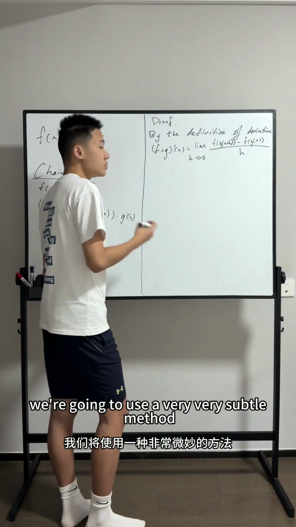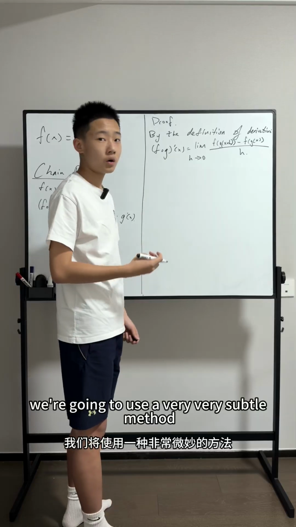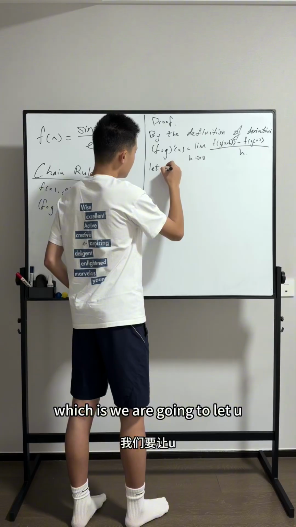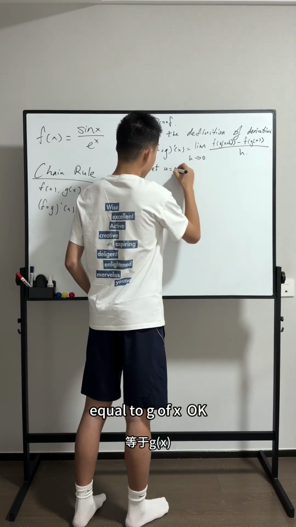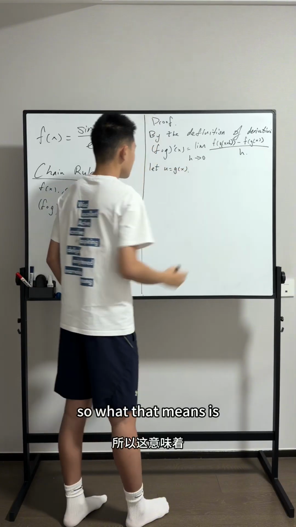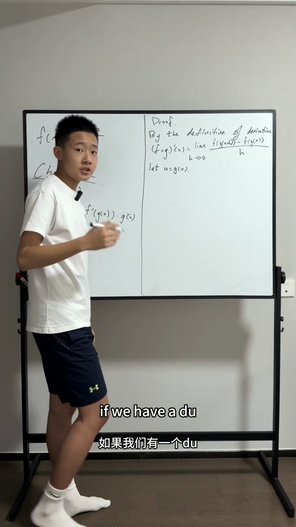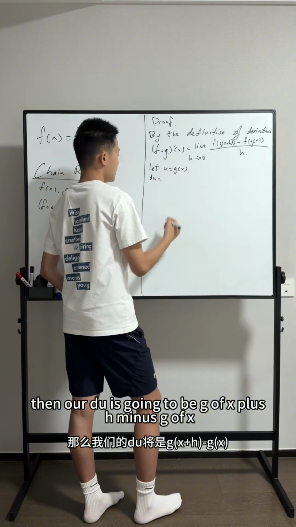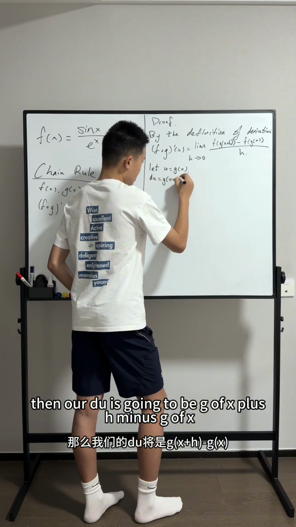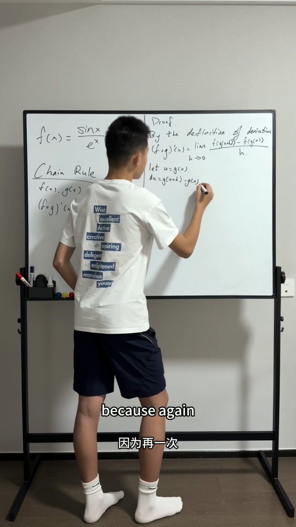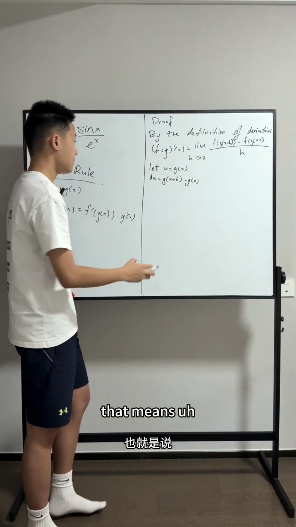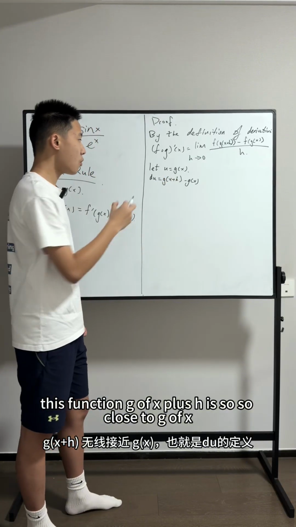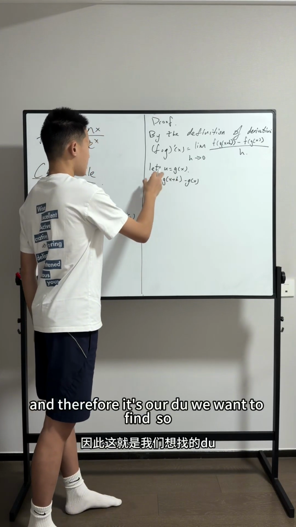Now we're going to use a very subtle way of proof here, which is we are going to let u equal g of x. Okay, so what that means is if we have a du, then our du is going to be g of x plus h minus g of x. Because again, h is approaching 0, that means this function g of x plus h is so close to g of x, and therefore it's our du we want to find.